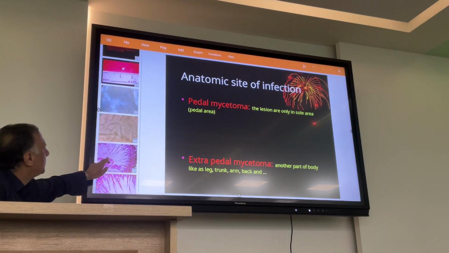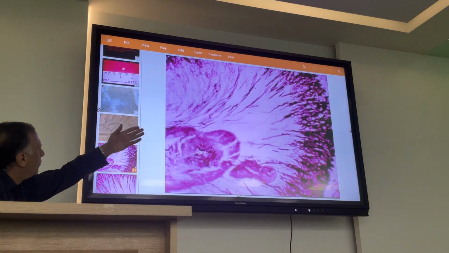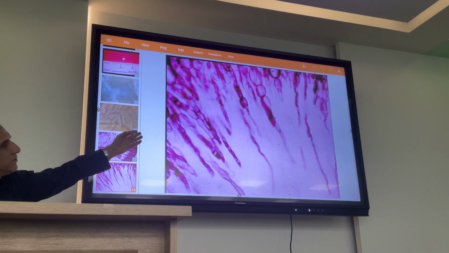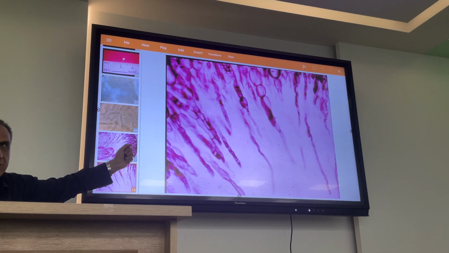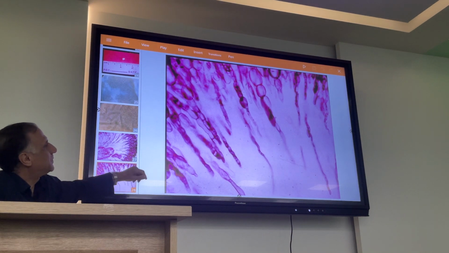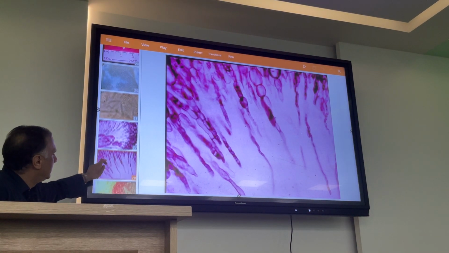It is another picture for eumycetoma. What is your diagnosis? Actinomycotic or eumycotic? Eumycotic, because you see mycelium. This is mycelium, septate, branching.